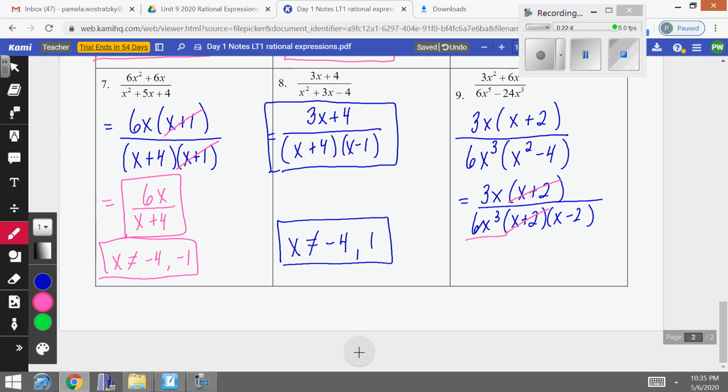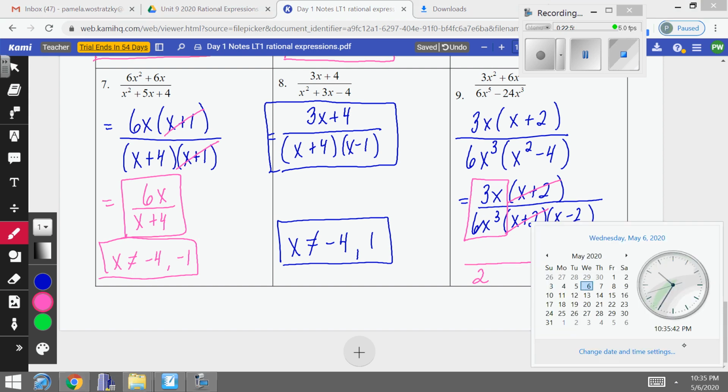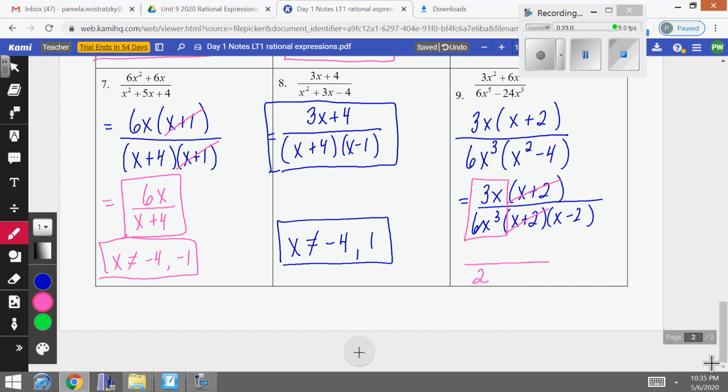Now look right here. Again, we have monomial terms. Those can reduce. So we've got a 3 over a 6 that reduces to a 1/2. 1x in the numerator, 3x's in the denominator here. And that leaves us with 2x's down here in the denominator. And then we also have that x minus 2 left in the denominator.